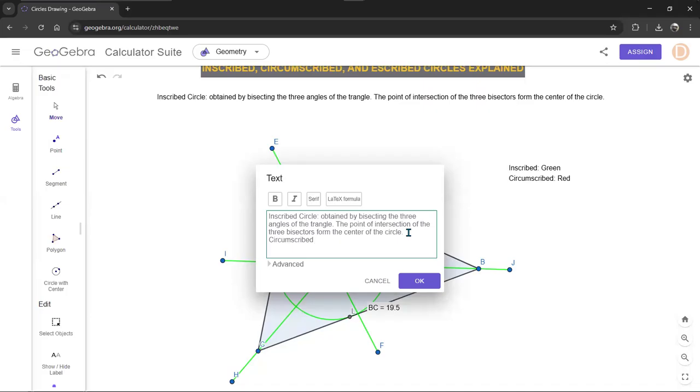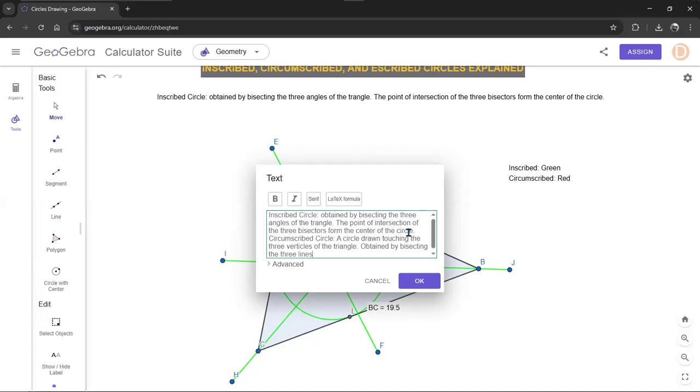As I said earlier, this is a circle drawn touching the vertices. And now about obtaining it. We obtain it by bisecting the three lines.